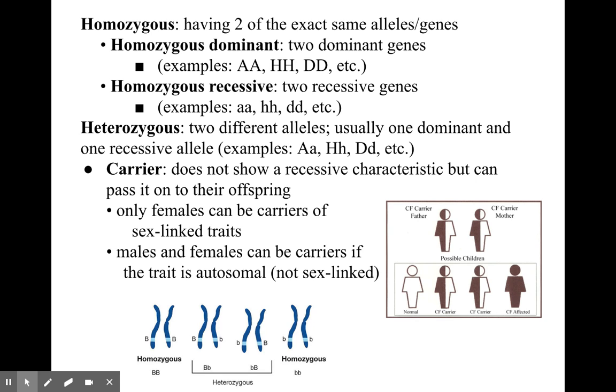Carrier. So if you're heterozygous, you're technically called a carrier because you have the recessive characteristics, and you can pass it on to your offspring, but we don't see it. Sometimes we wouldn't know that you have it, but it can get passed on to the next generation. And this is the difference between seeing families that look very similar and seeing families that look very different.